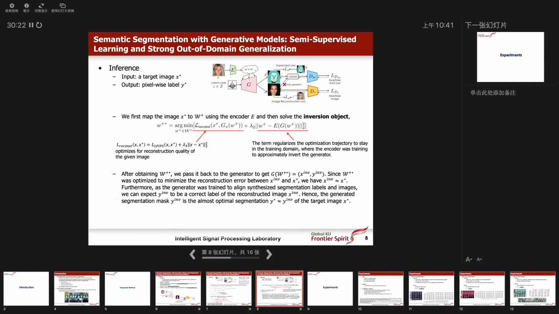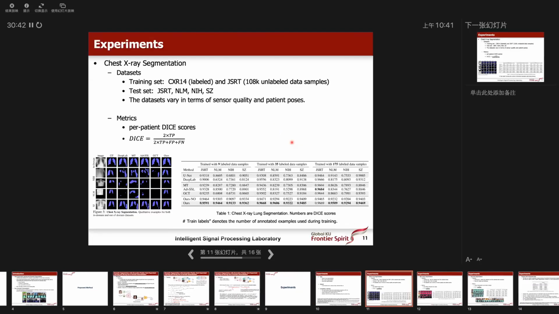We just put the image to the encoder, take the output, and send it to the generator. We don't do the inverse gradient descent optimization. Okay, so that step's skipped.